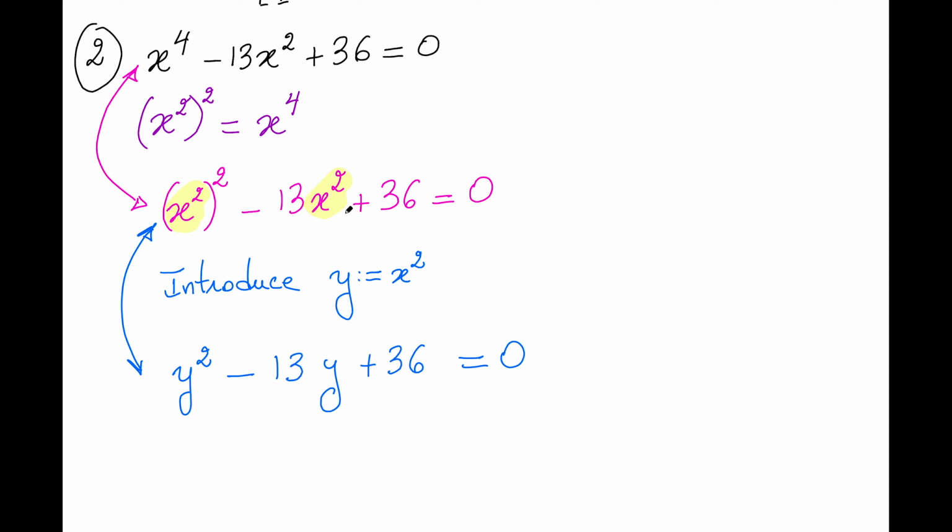So these two equations, this pink one and the blue one, are the same once you introduce this variable. Look at this boxed equation. This is quadratic because it's a second degree polynomial and it equals 0.